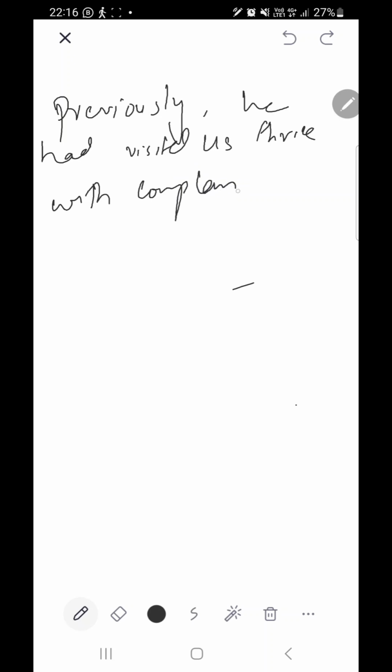Like how we can write it down: previously, he had visited us thrice with the complaint of mild chest pain.